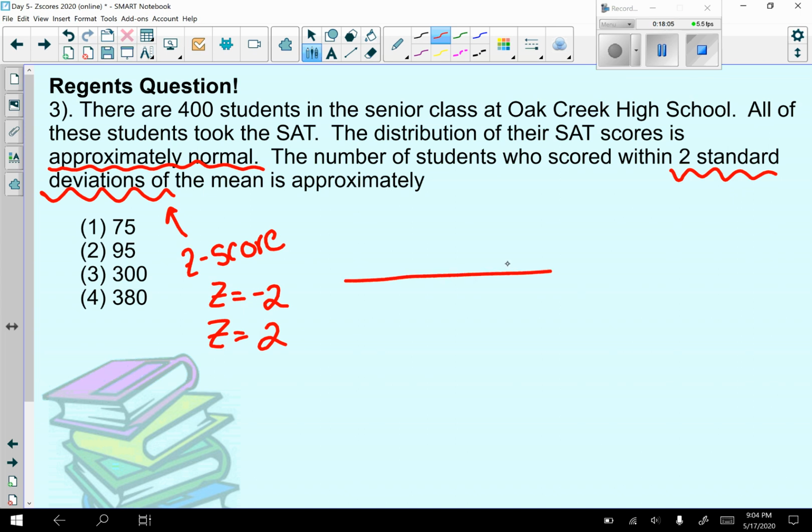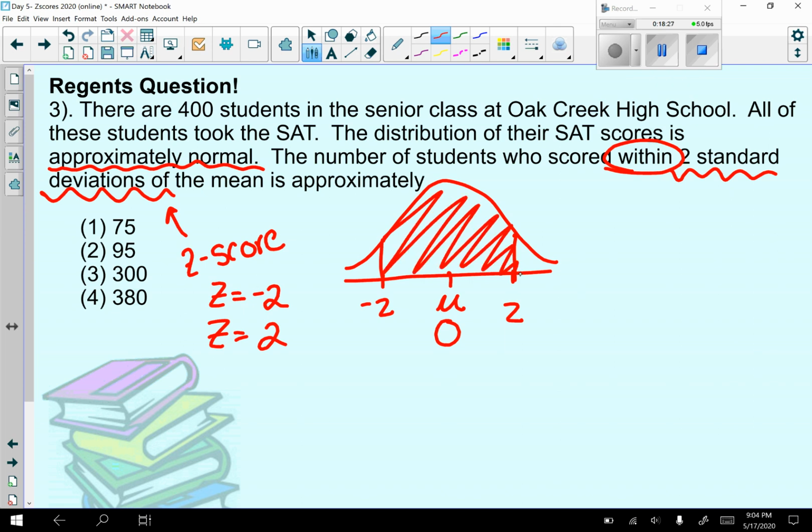So I can draw my picture of a normal curve because it's approximately normal. My mean is always in the middle, and because I'm using z-scores, my mean is 0. So I have negative 2 and positive 2, and it wants to know within, so that's the same thing as between. So I'm shading in here, which means I can find the probability by using normal CDF.